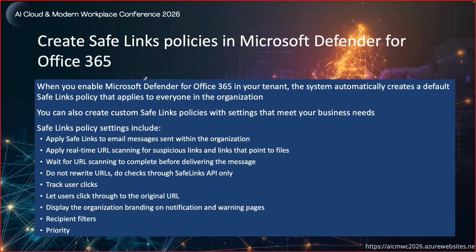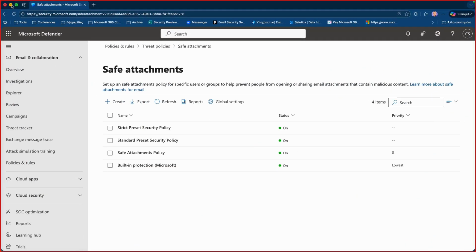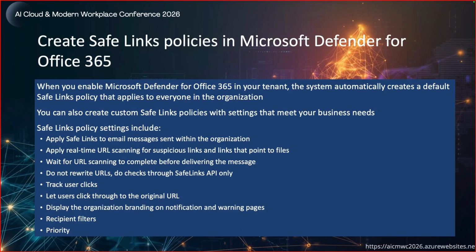And another one that is a good one is to let users click through to the original URL. So the user will get the warning as I showed you before. Okay, I believe I've closed the browser, never mind. Okay, but if we still want to let the users click through to the original URL, we can still do it.